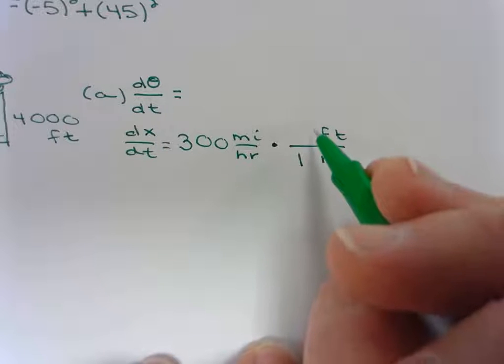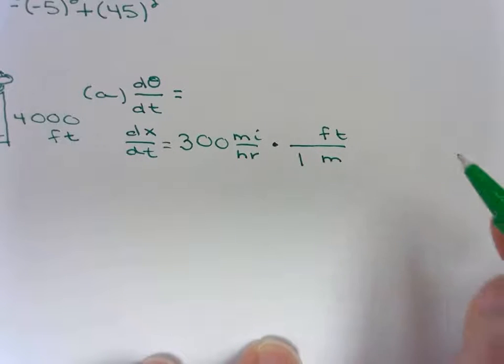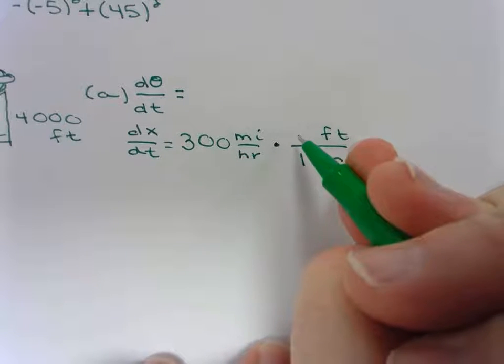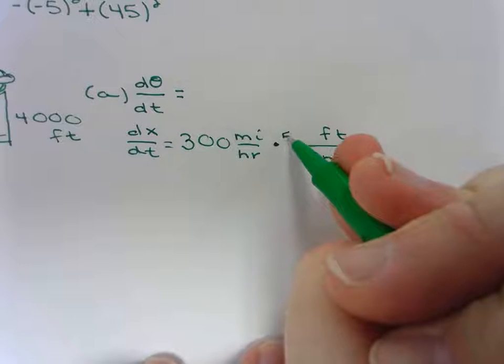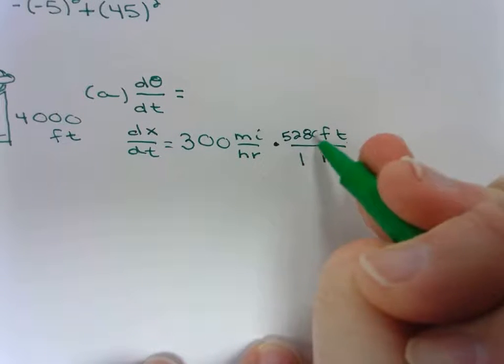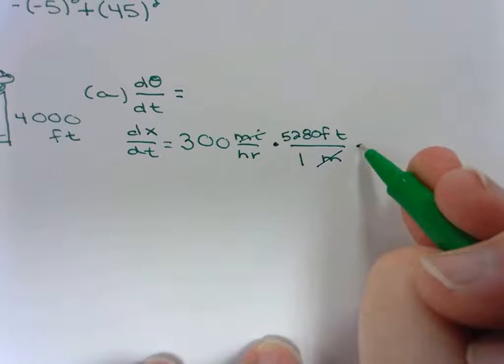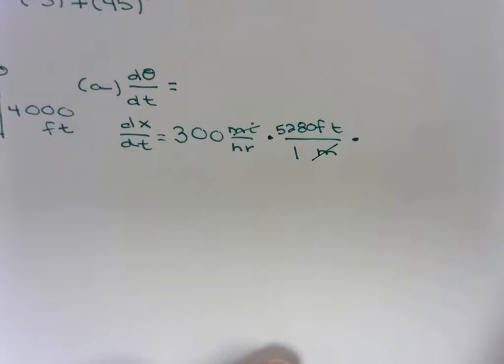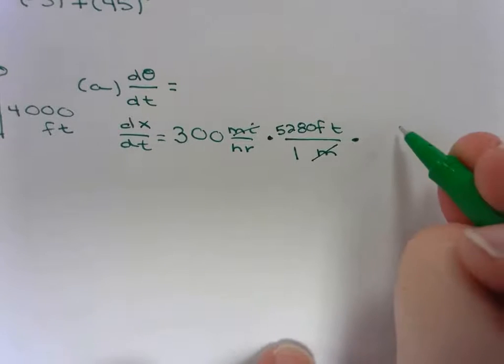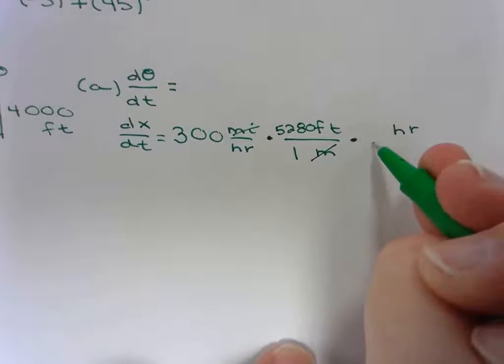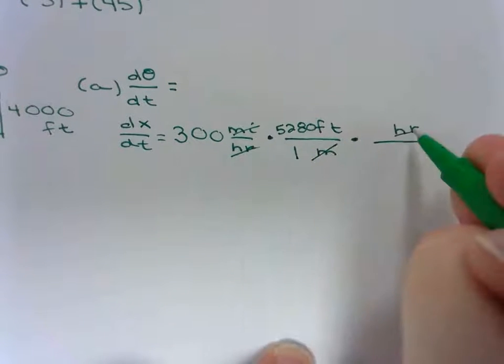How many feet per 1 mile? 5,280. The miles cancel, which gets me feet on top. Now I need seconds on the bottom, so I put hours on top so the hours cancel.